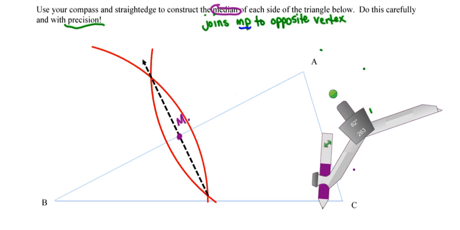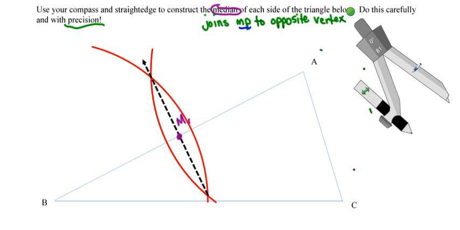I'm going to call that M1, because I'm going to find three different midpoints as we work through this construction. So I'm going to call that midpoint 1, and I'm then going to use my straight edge to connect midpoint 1 to the opposite vertex, vertex C.